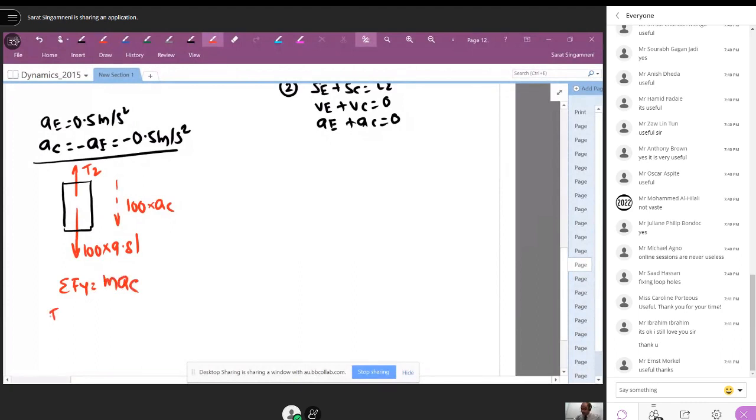From that you will get T2 as 931 Newton. Solve this at home. I got the tension T2. Go to the free body diagram of the elevator.